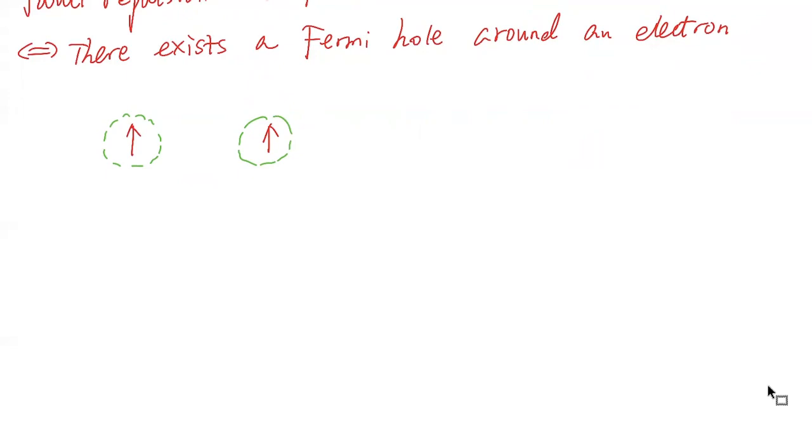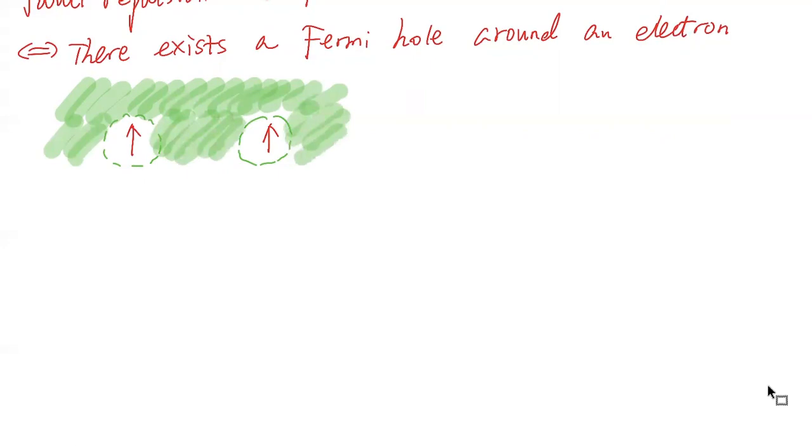Then if we use the green shadow to represent the probability distribution, of course, you will see a hole around an electron. So within this region, the probability of finding another electron is extremely small, okay?